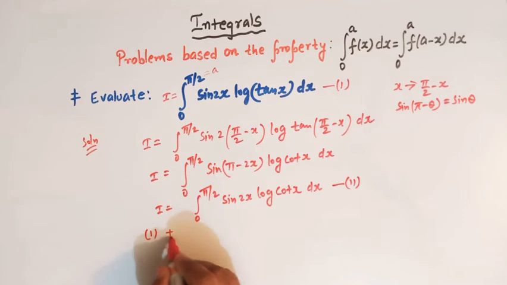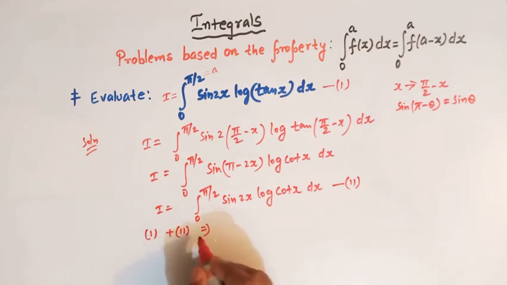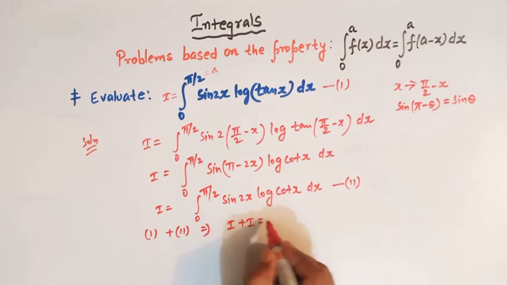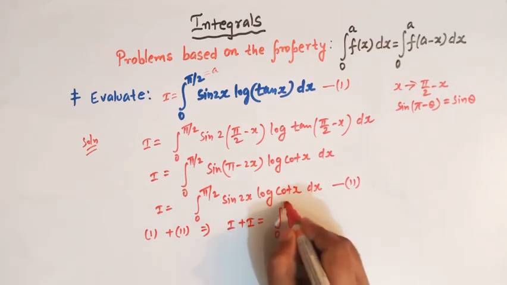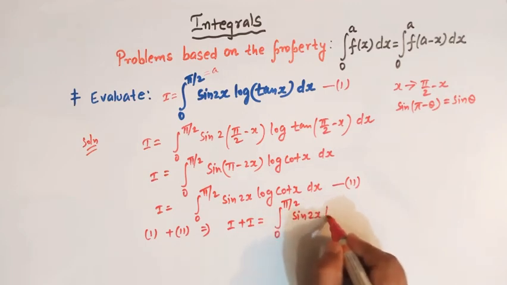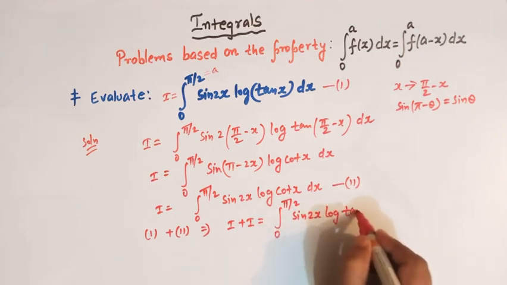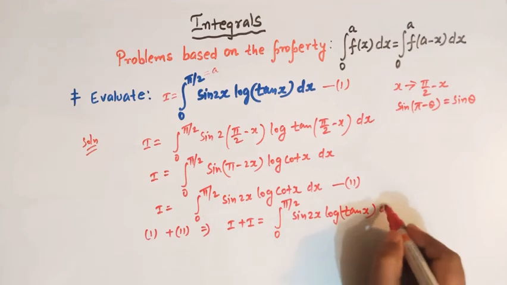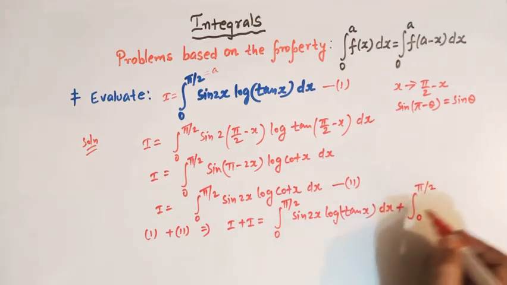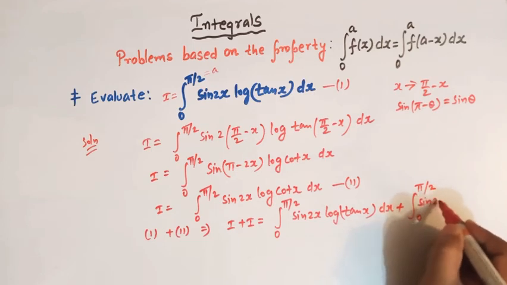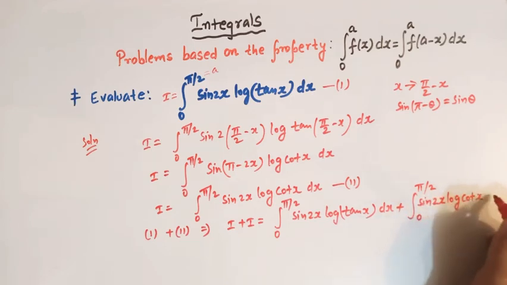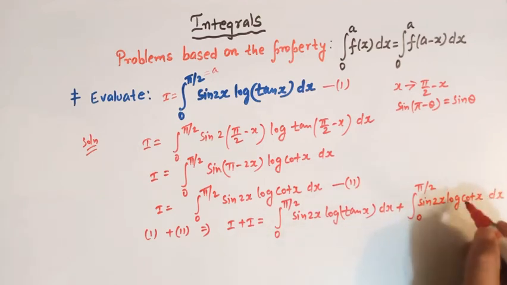Now if we add 1 and 2, we get I plus I, and then we have integral from 0 to pi by 2. Here we have sine 2x log tan x dx plus integral from 0 to pi by 2 of sine 2x log cot x dx, right?